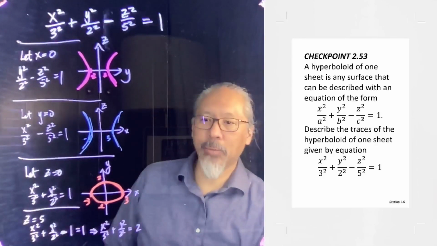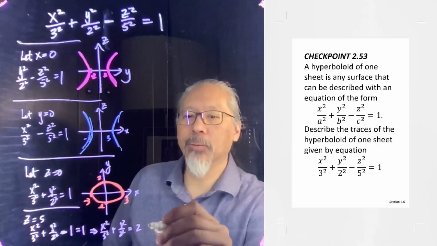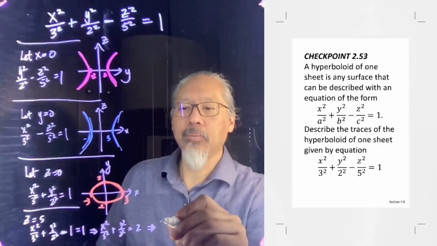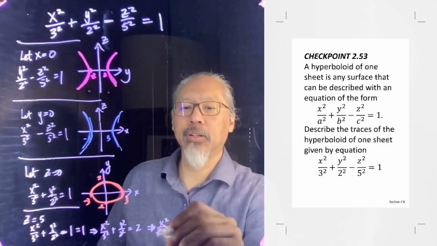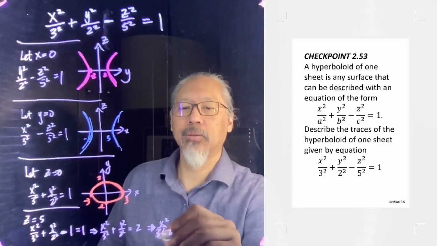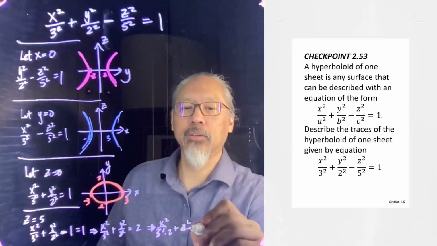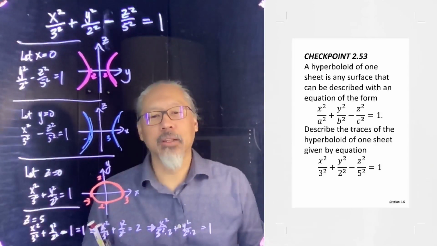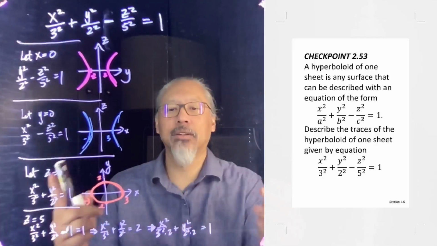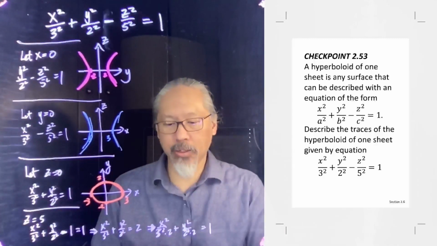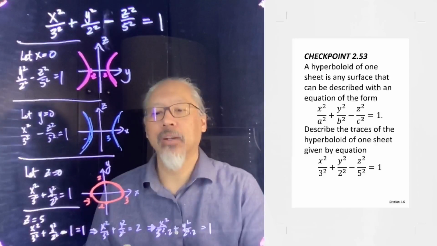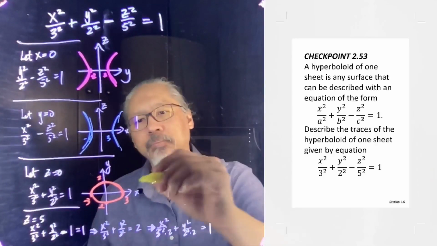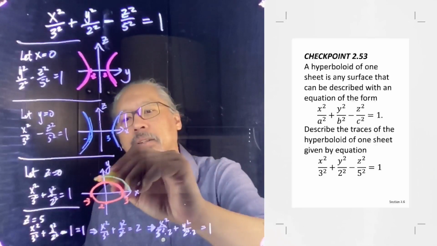And I would divide by that 2 to make it into a 1. And so I would get x squared over 3 squared times 2 plus y squared over 2 squared times 2 is equal to 1. It's still going to be an ellipse, except the intersections would be a little bit wider. So if I were to draw this out, I would probably draw it something like this.